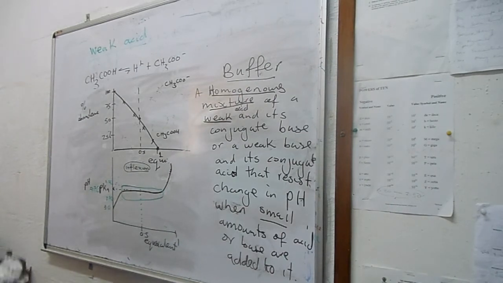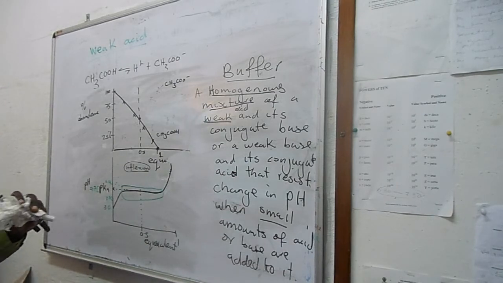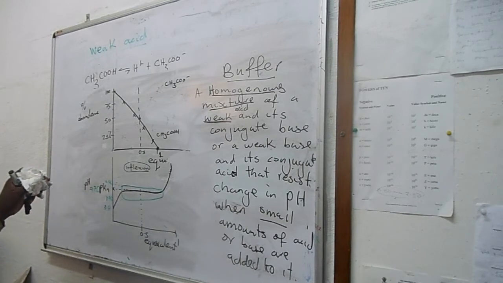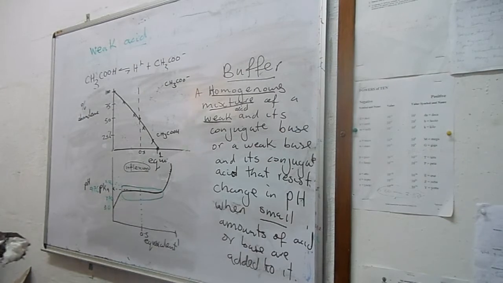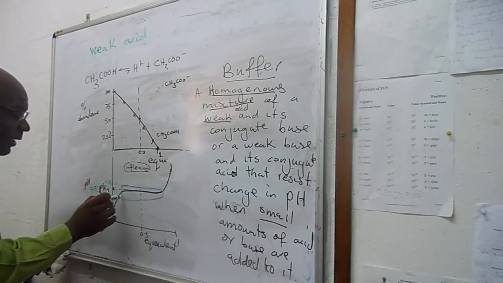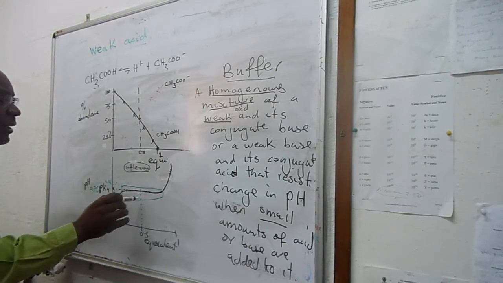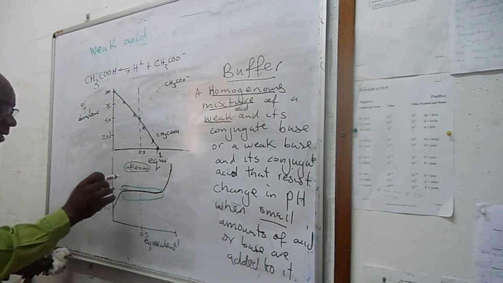In other words, a buffer maintains the pH near constant. It keeps it at a steady level. There may be minor changes, but generally speaking, the value of the pH is maintained. So here we are saying the pH is maintained around 4.76.